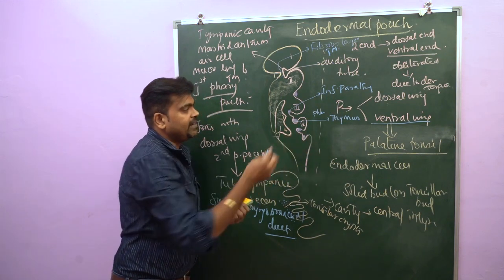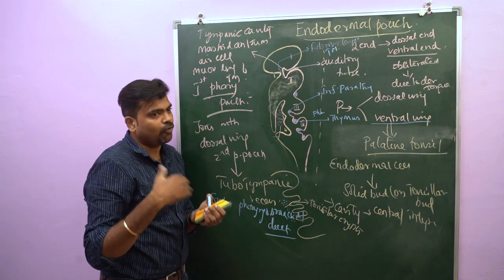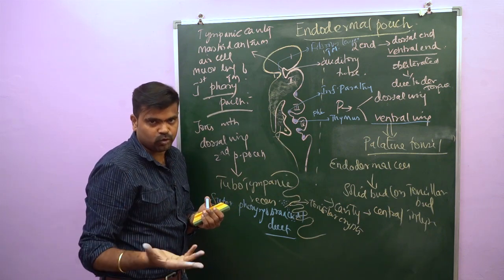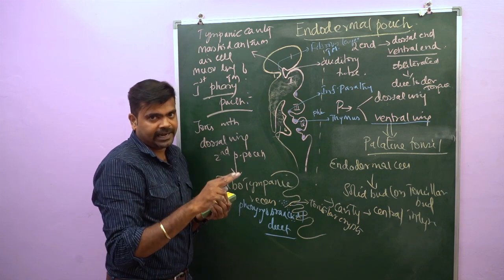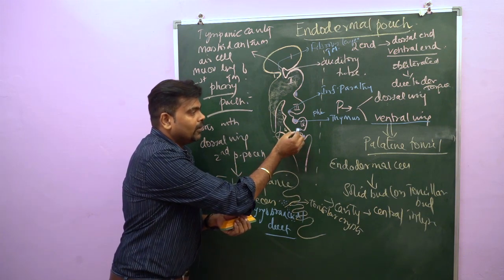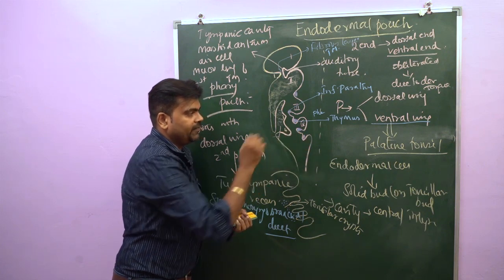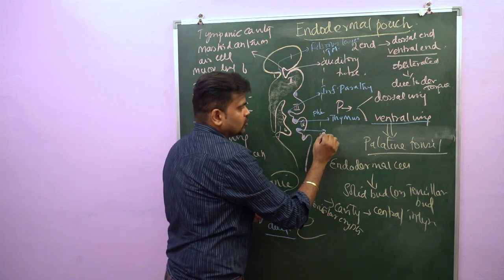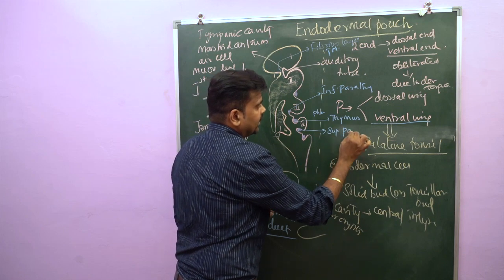Next we'll go to the derivatives of the fourth pharyngeal pouch. The fourth pharyngeal pouch again consists of two ends, the ventral end and the dorsal end. The ventral end disappears and the dorsal end gives rise to a dorsal wing and a ventral wing. The dorsal wing gives rise to the superior parathyroid gland.